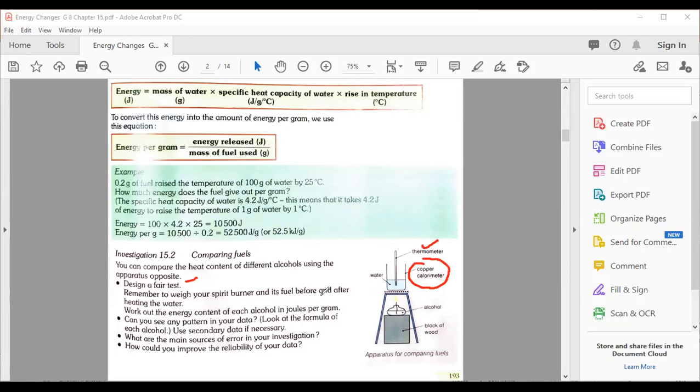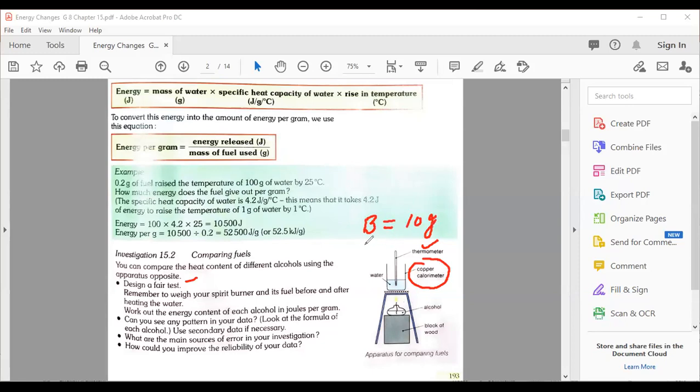Remember to weigh your spirit burner and its fuel before and after heating the water. When you're going to start this experiment, first you need to weigh this burner. Why? Because you should know the amount of fuel that you added in it. After and before burning, you should weigh again. For example, before, the weight of the burner is 10 grams.